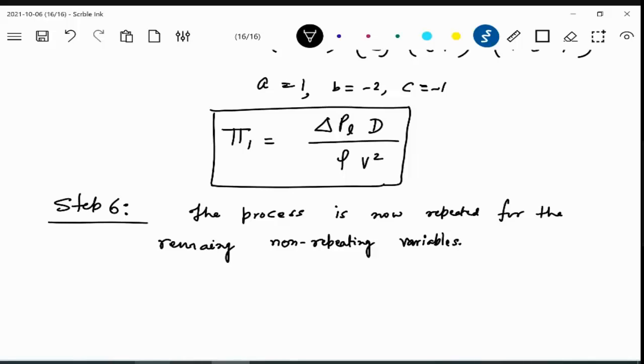Which variable do I still have to consider? Viscosity. Good. So this is D^A, V^B, rho^C.